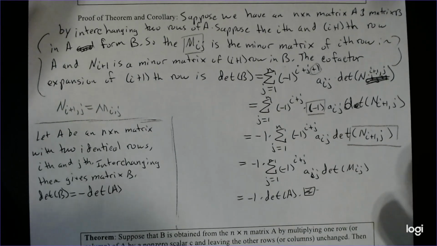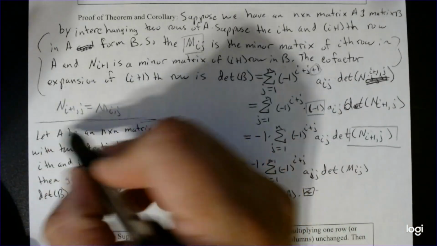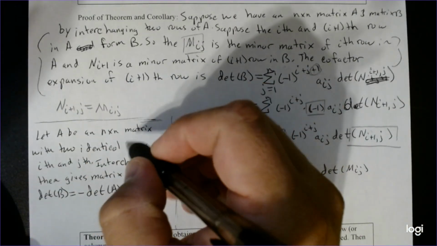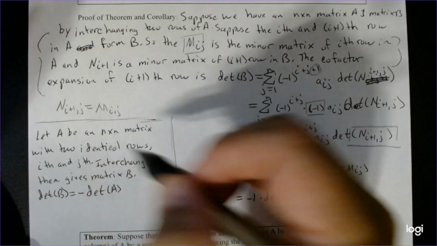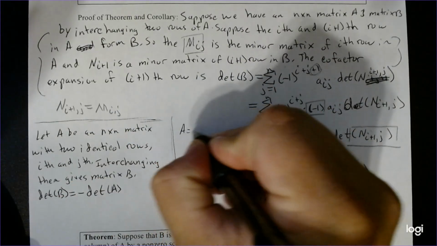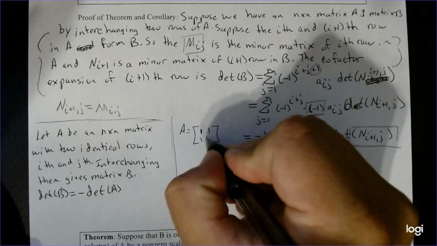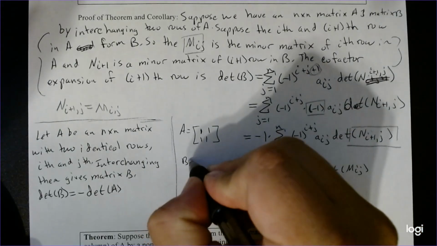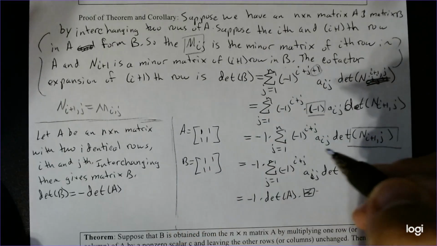Well, here's the thing going back over here. Since A and B are the same matrix, right? And it would make sense. Like, again, if we give an example, if this is 1, 1, 1, 1, and I swap the rows, 1, 1, 1, 1, I get the same thing back.